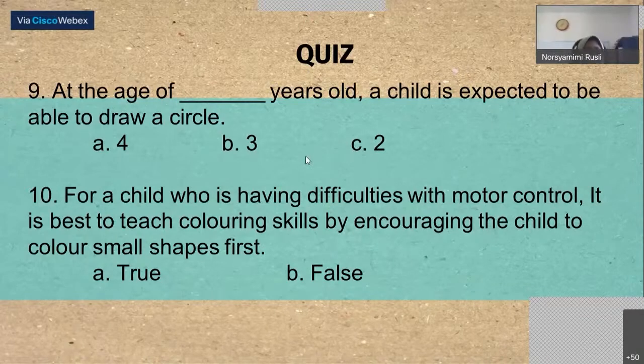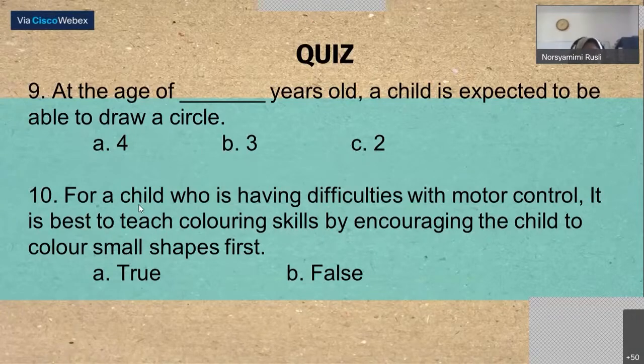For 4 years old, the child will be able to draw a cross. If you can remember, just now we shared about the visual motor activities, copying shapes activities.